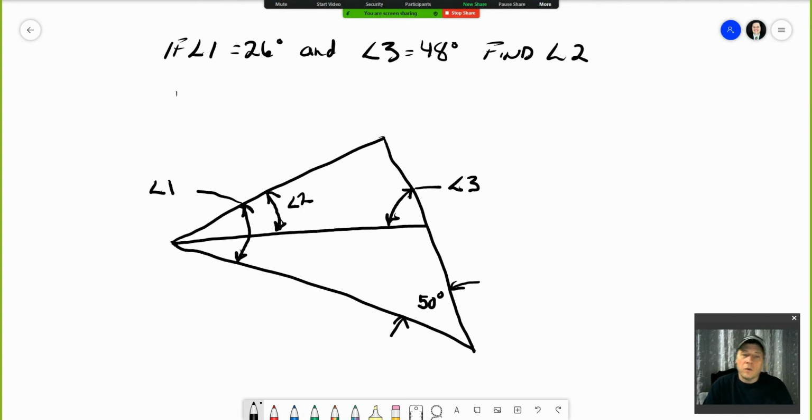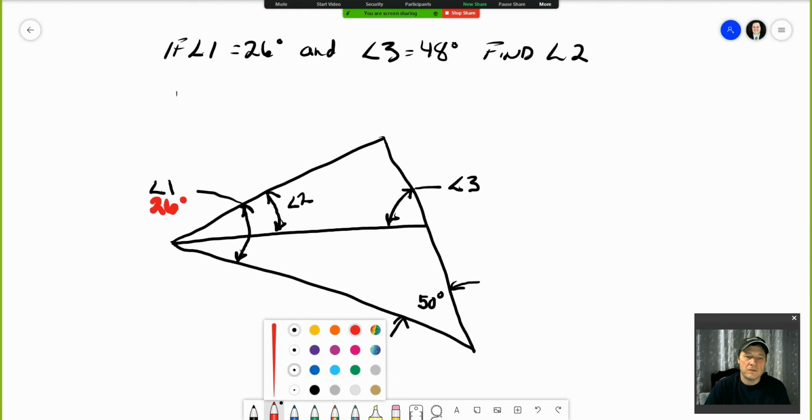So what we are looking for now is kind of the key, right? What information do we have, and what are we looking for? So what I'm going to do is put in the information that I need for the time being. So this angle in here, angle 1, is 26. Wow, all these markers are so huge.